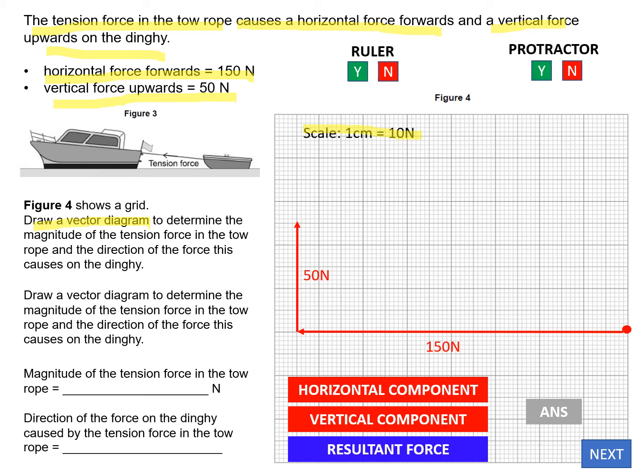And remember how we draw the resultant. The resultant goes from the start. Okay, so we go down here from the start up to the end. Okay, so let's get rid of that. Now, this is a scale drawing. In a real exam, you would have, in your pencil case, a protractor and a ruler.